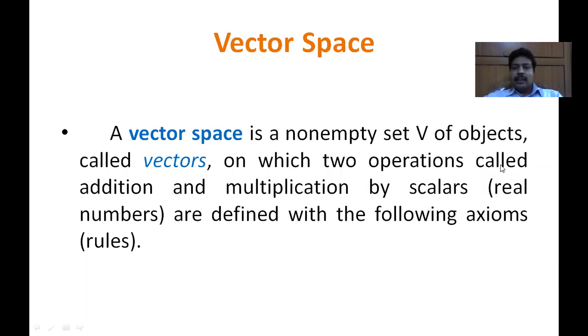You can take any objects, pens, pencils, etc. Anything you can take, chemicals, signals, everything comes under vector space, provided you define two operations, one vector addition and another scalar multiplication, such that all the 10 axioms are satisfied.